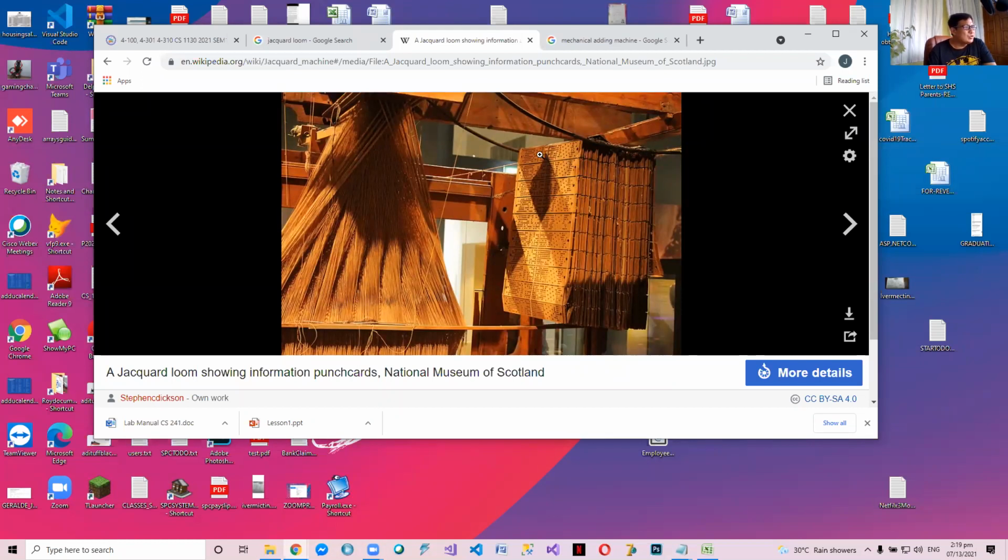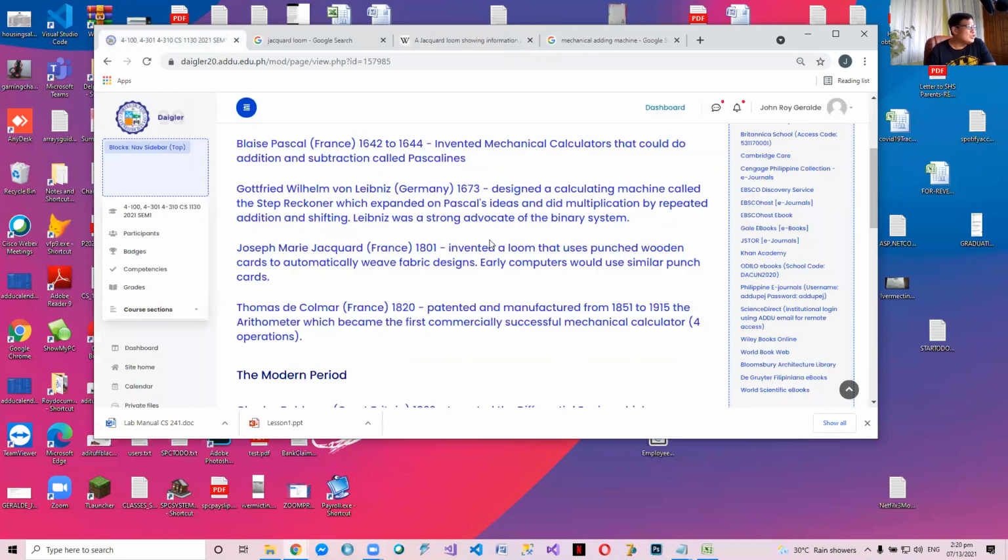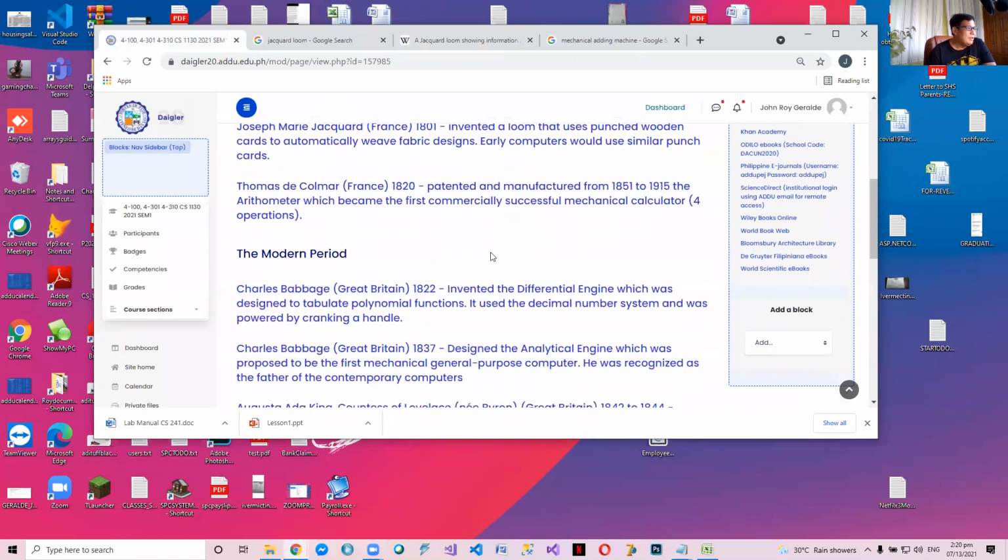So we will be able to store a program in a deck of cards with codes stored in a particular pattern of holes. Do you follow? So mechanical pa ito, but later it was formally converted into punch cards. So yung Jacquard's loom, we will discuss how it was used in the first computer.